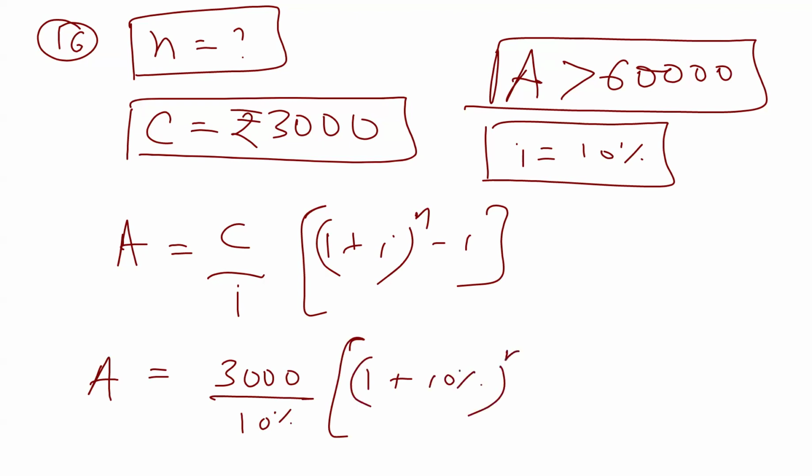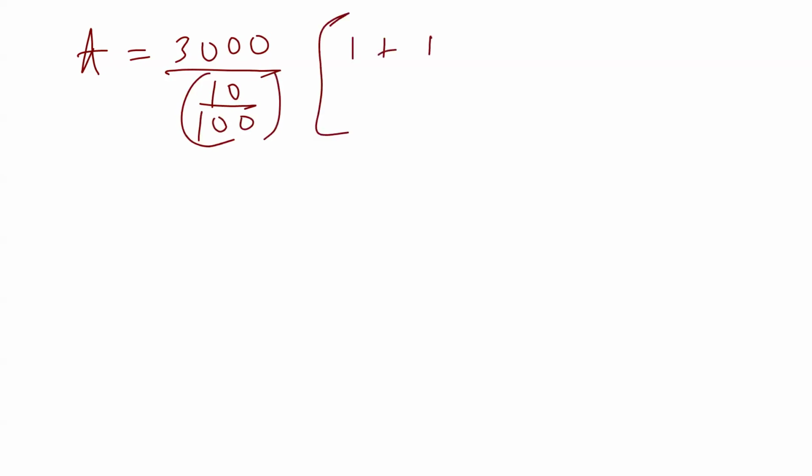That we don't know. 10% is 10 upon 100. So A is equal to 3000 upon 10 by 100, 1 plus 10 by 100 raised to N minus 1.